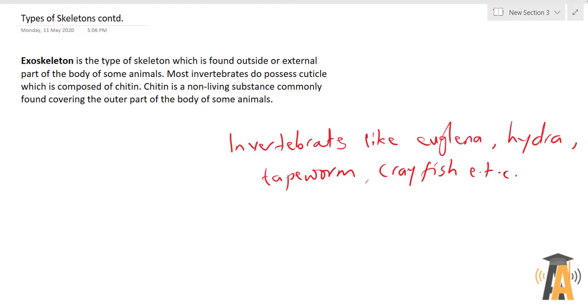Now, organisms with this type of skeleton can only grow by a process called molting or ecdysis. We've explained it when we talked about forms and components of the bone, so you can refer to that slide and get more explanation on that.